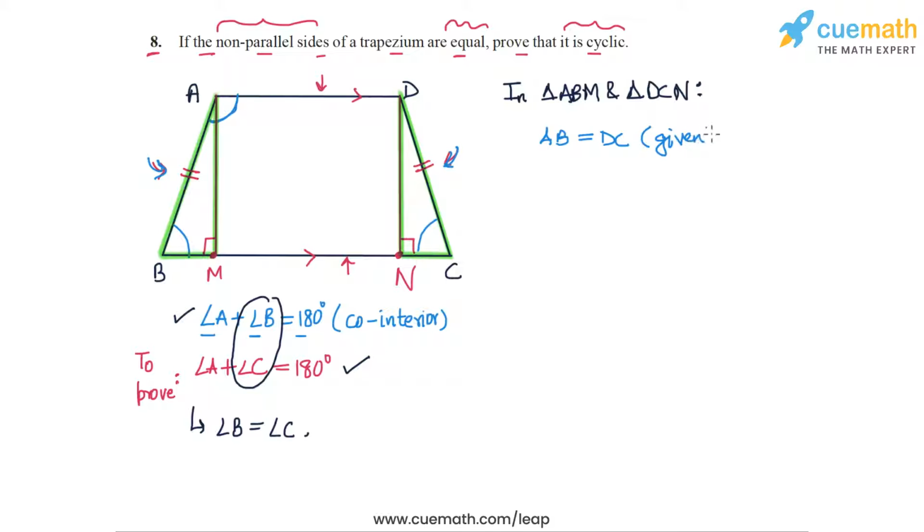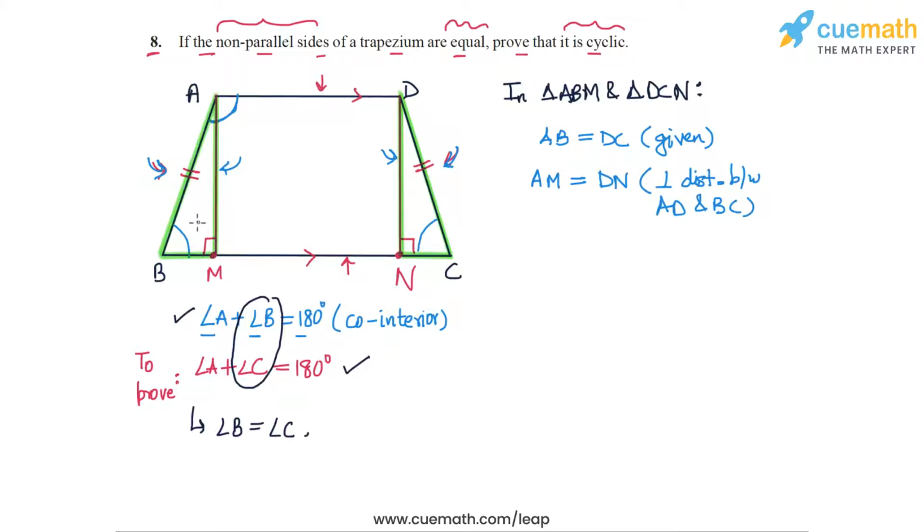Also, AM, this perpendicular, must be equal to DN, this perpendicular, because these two perpendiculars are between the same parallels and the perpendicular distance between two parallels always stays the same. So we can say that AM is equal to DN because both of these are perpendicular distances between AD and BC.